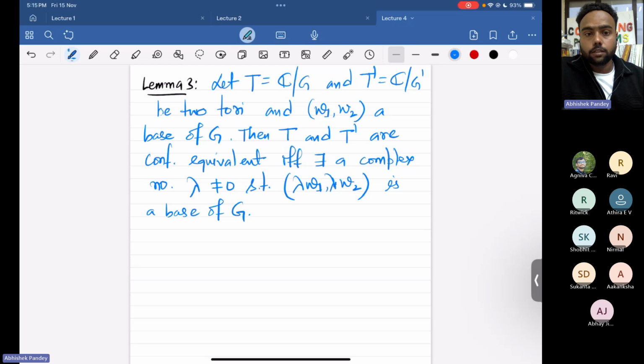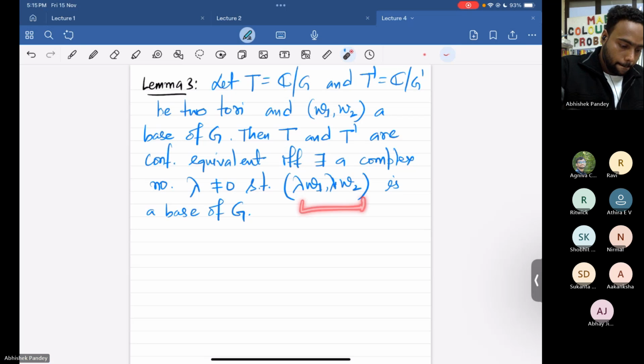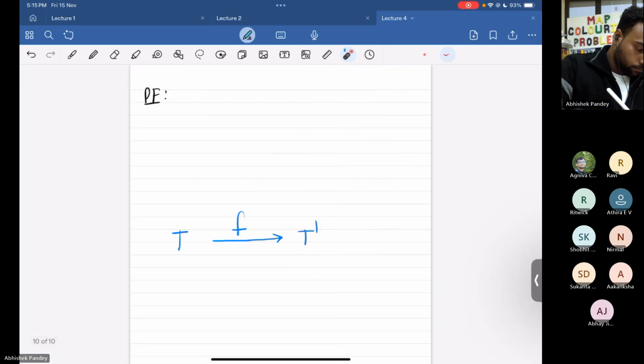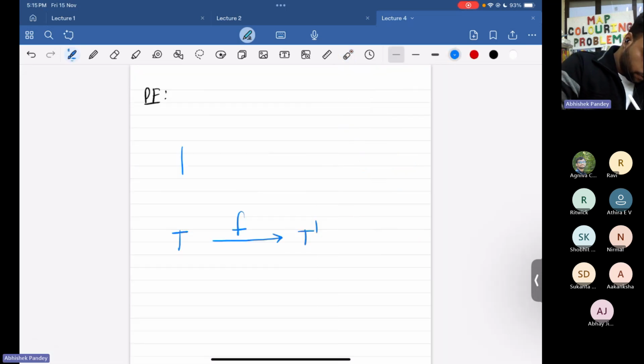Now we need to show that there exists a lambda non-zero, so that this pair is a base of G dash. And we have this projection map pi.